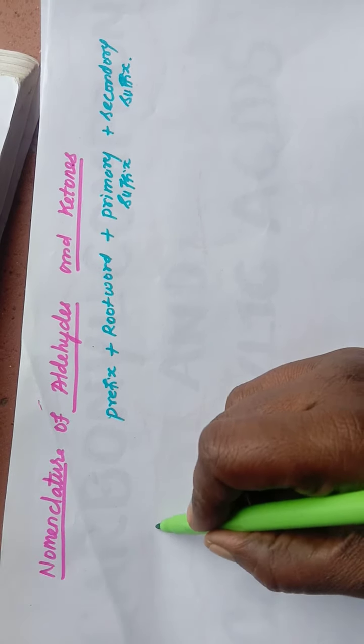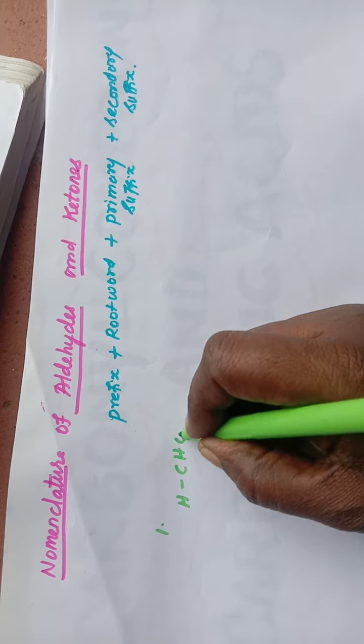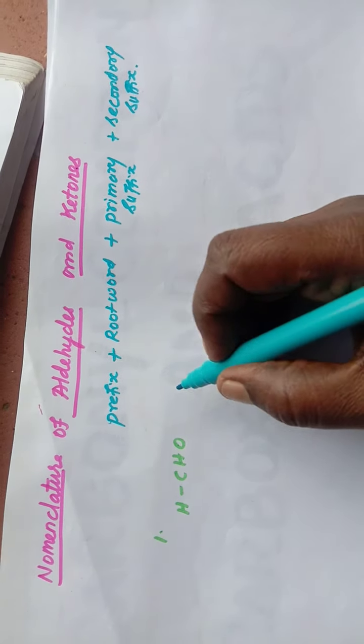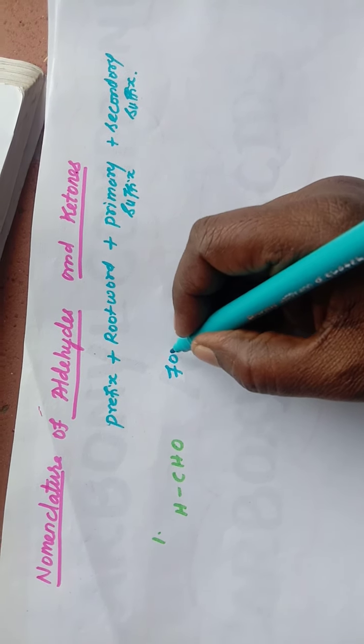The first one is HCHO. Common name of this compound is formaldehyde.